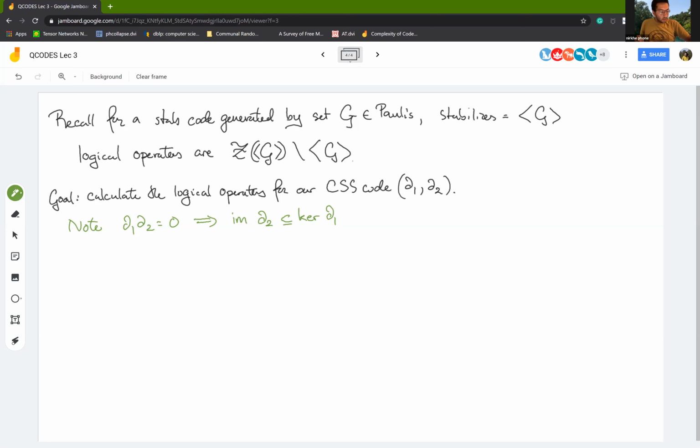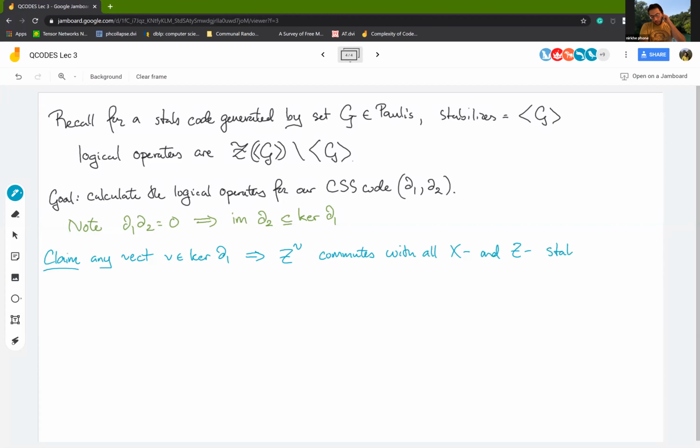Okay, so let's do a fun claim. Claim: any vector v in the kernel of delta 1 implies that Z to the v commutes with all X and Z stabilizers.